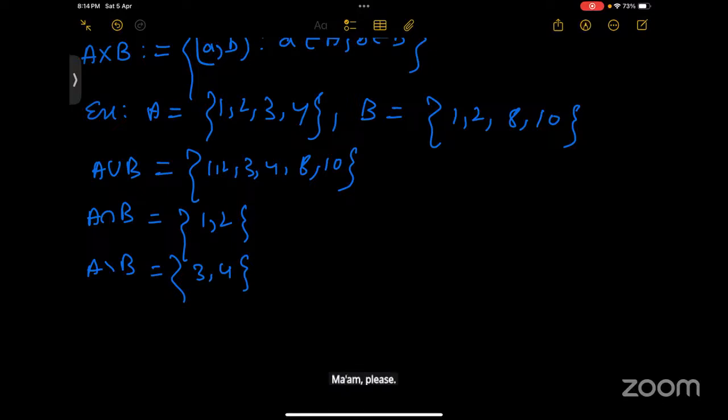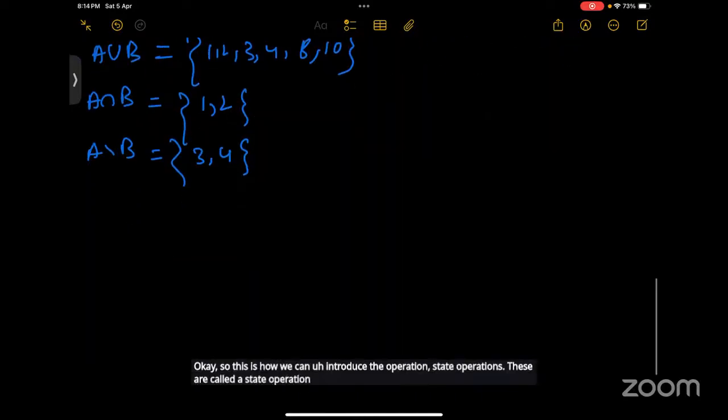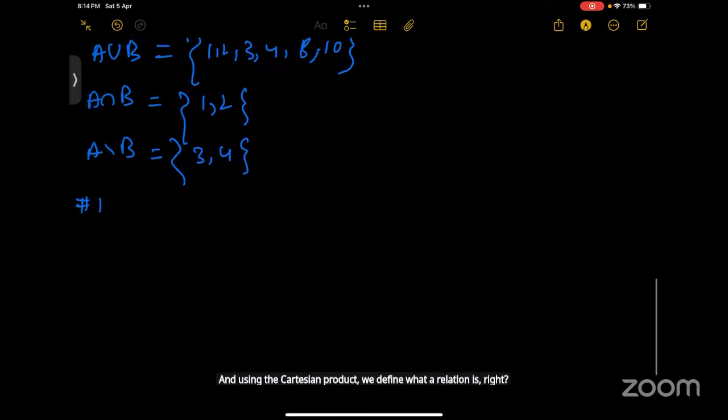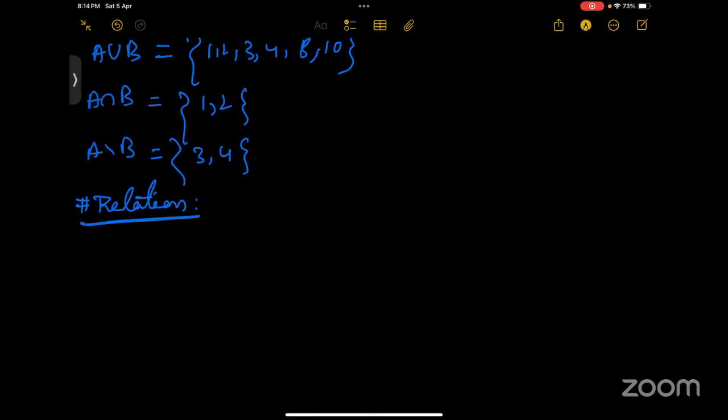Okay. So this is how we can introduce the set operations. These are called the set operations, right? Then we have the Cartesian product, and using the Cartesian product, we define what a relation is, right? So what is a relation? Anyone? What was the definition of relation?